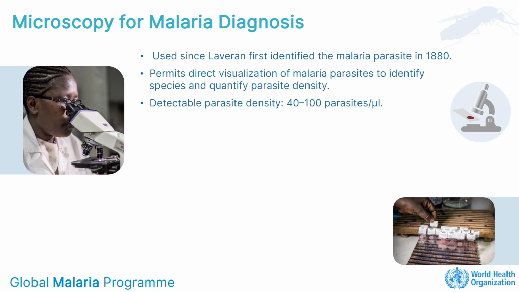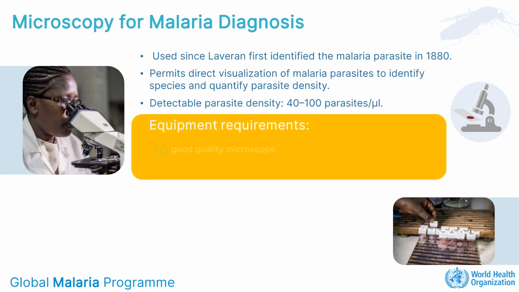Expert microscopists are also skilled at differentiating between malaria species. The equipment requirements include a good quality microscope, a light source, clean glass slides, and quality staining reagents, as well as supplies to take safe blood samples.